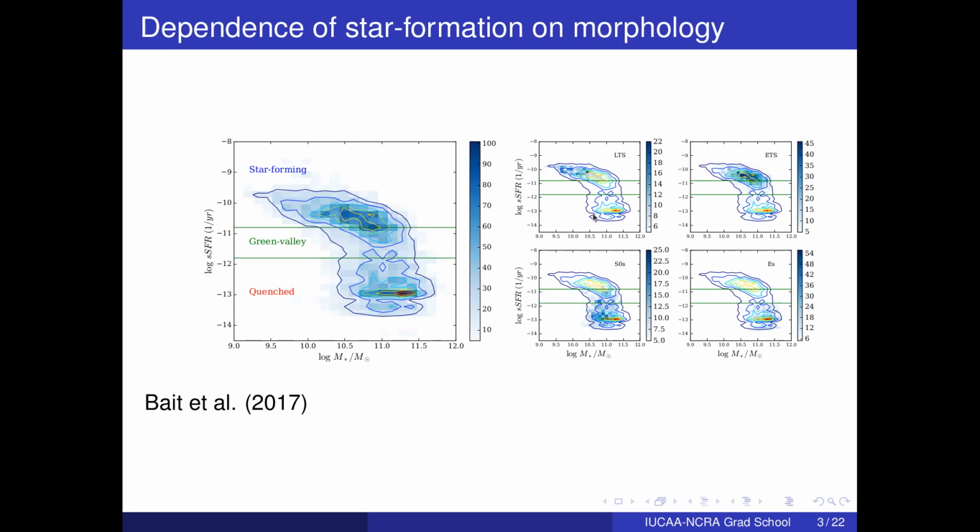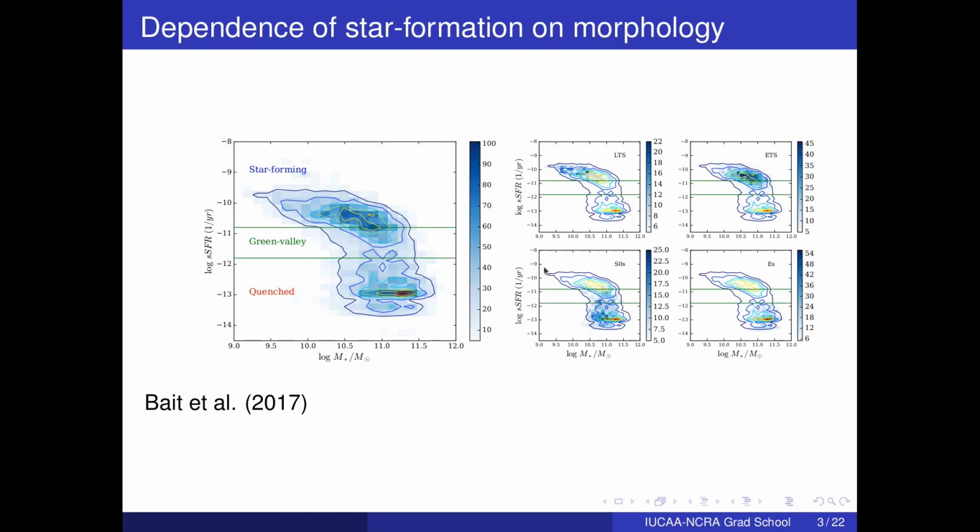But now, if you separate them by morphology, these are the late type spirals. They are mostly here. They're mostly star forming. The early type spirals, ETS, are also mostly star forming, but there are a few quenched early type spirals. The moment you transition to S0, the center of gravity has shifted down. The dominant population now is over here, which is the quenched population.